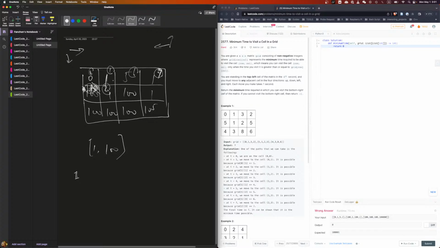And then we look at the next level, right? We look at this one, look at this one, look at all the ones that's surrounding it. And then we decide how long it's going to take to reach there. I mean, because this can be reached from here or here or here, right? So what do you say?